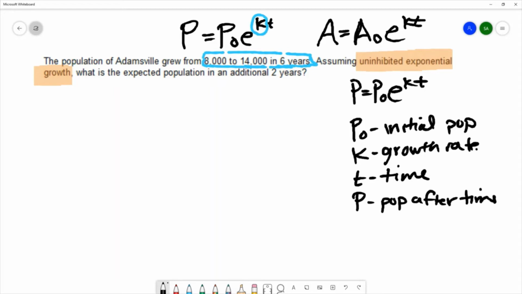So using this information in the first sentence, that we grew from 8,000 to 14,000, gives me values for P naught, so our initial population.